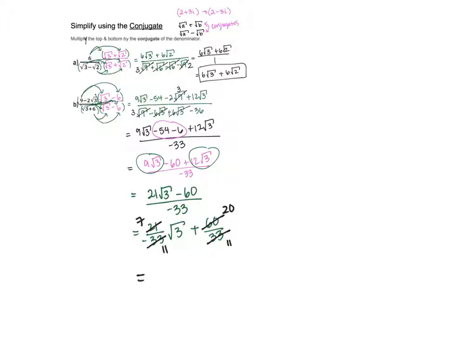So I can reduce this down to negative 7 over 11 square root of 3 plus 20 over 11. And so I would look at it again to see if I can reduce it any more, but it doesn't look like it. 7 and 11 don't have anything in common, neither do 20 and 11. So this is my final answer. All right, we're done.